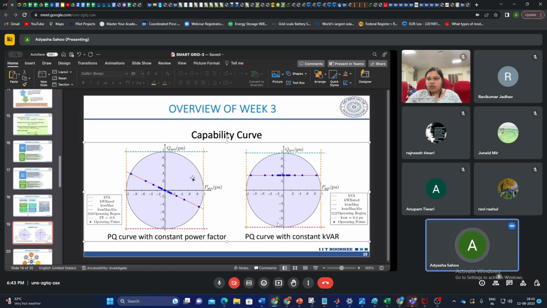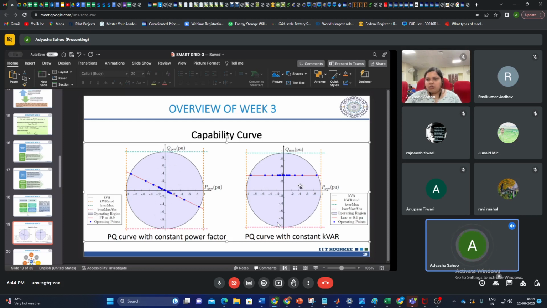Which one? You say this one is a thermal generator? Yes, ma'am. So how can a thermal generator generate negative power? We will not use that part of the curve. We will use only the positive one. Yeah, so here we have the complete four quadrant operation. So this cannot be for a thermal generator.